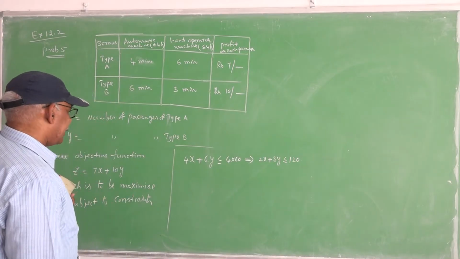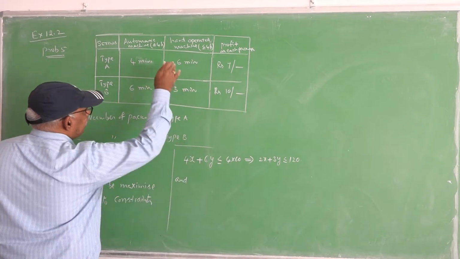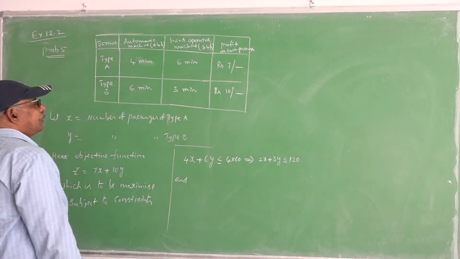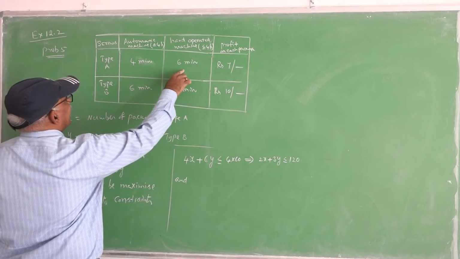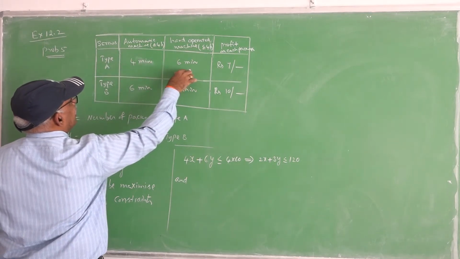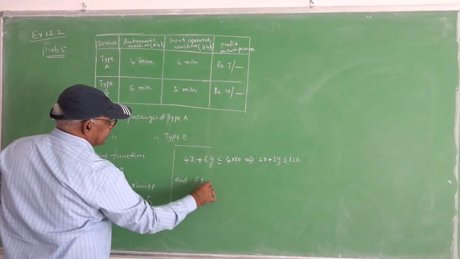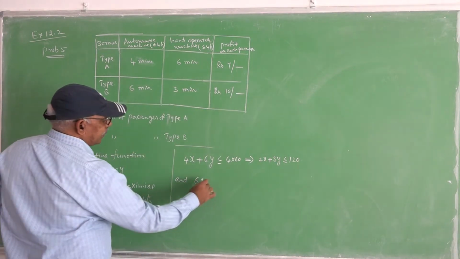inequality constraint. The other one is related to the hand operated machine. For each package of type A screws, the hand operated machine takes 6 minutes. So for x packages, it takes 6x minutes.